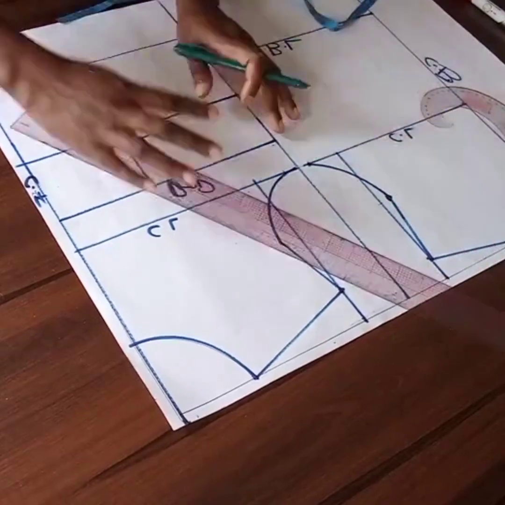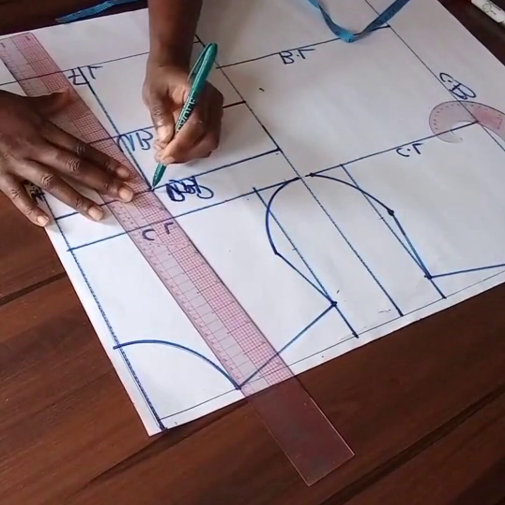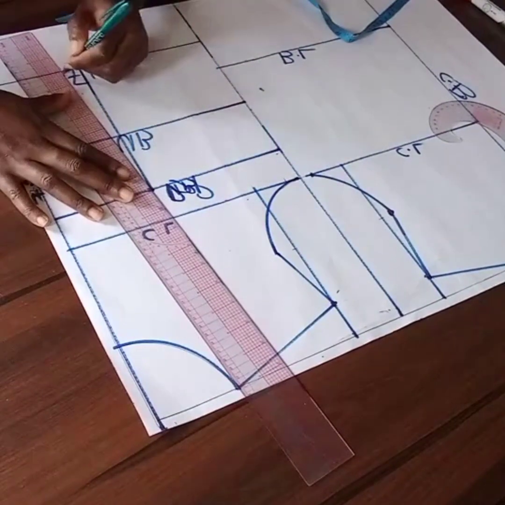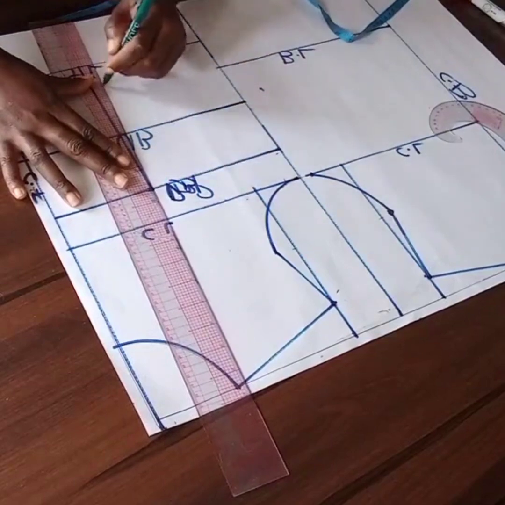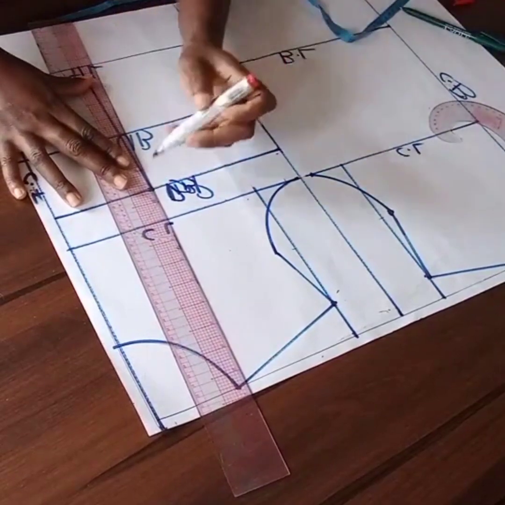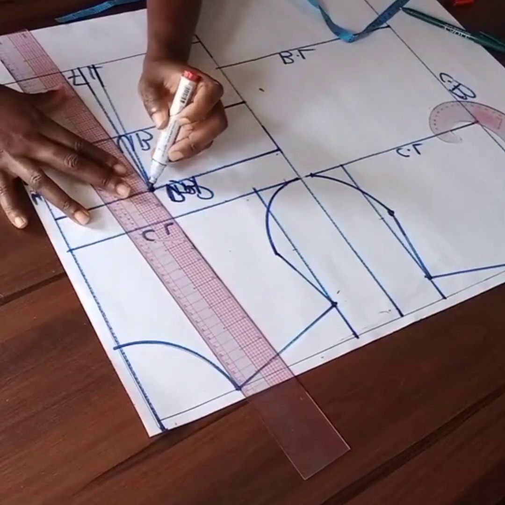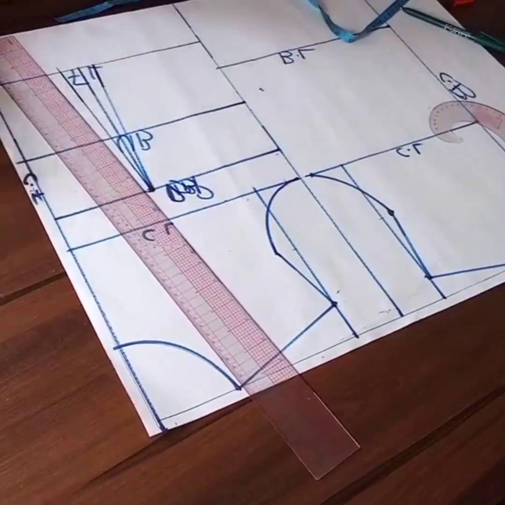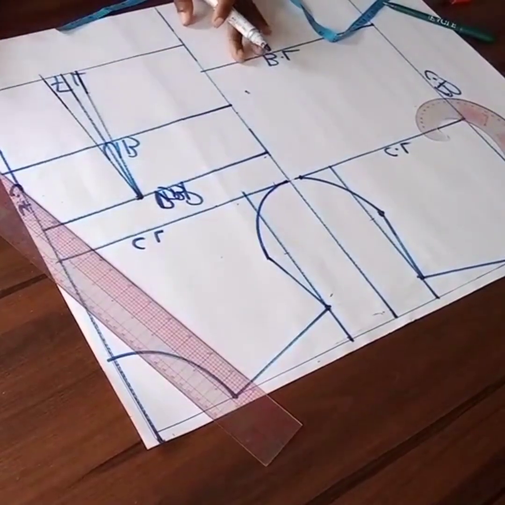Then I'll draw a line meeting the bust point. Let me use my marker pen to make it visible. So that is it for my front.